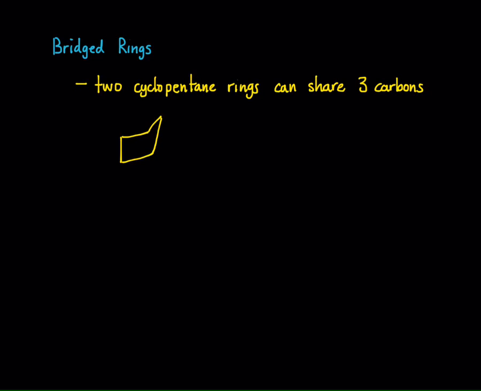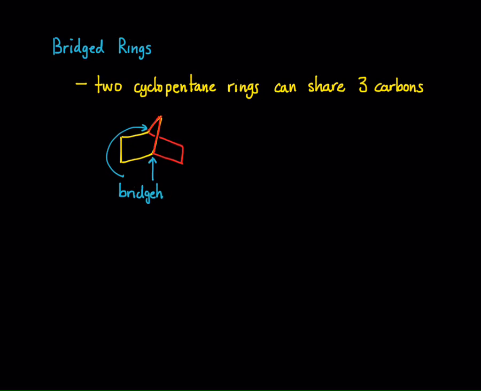So if I take a look at the envelope conformation of cyclopentane, and I think about 2 envelopes coming together, then I can draw another envelope that looks like this, right, from the back side. These are 2 cyclopentane rings, and they are sharing 3 carbons.